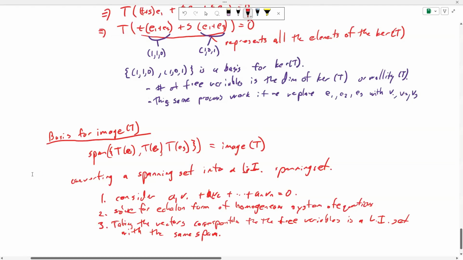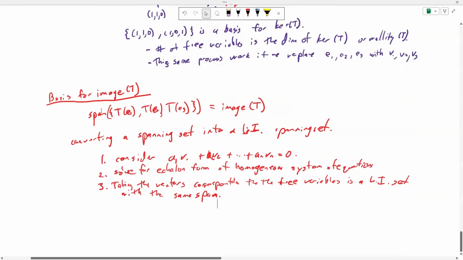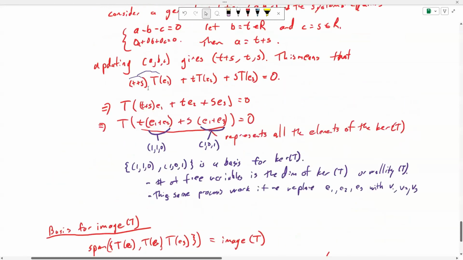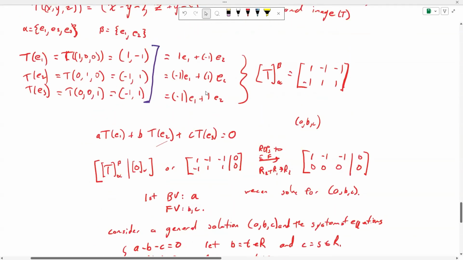Well, what does this mean? It means that I can take what I've done here, where I've got my linear combination of those vectors. I got the echelon matrix here, and I've got my free variable, which corresponds to A. And that's my only free variable.